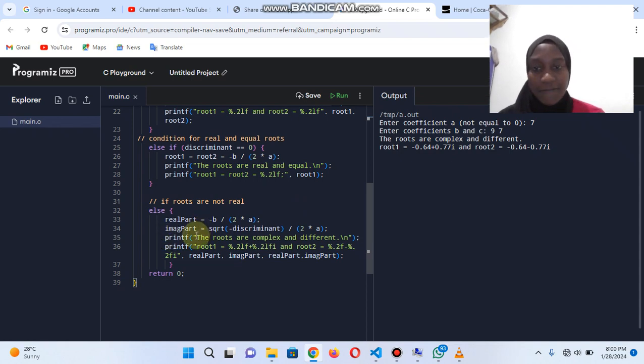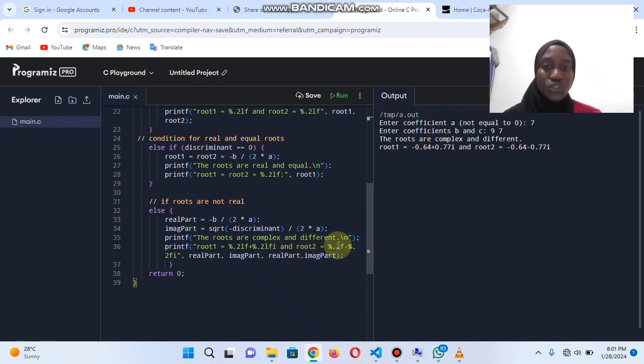When we print f, the roots are complex and different. When we go to the new line, we print f, root 1 is equal to this place value plus this place value i. This i indicates the complex part. So we're going to have the real part of the root and the imaginary part of the root. That's root 1.